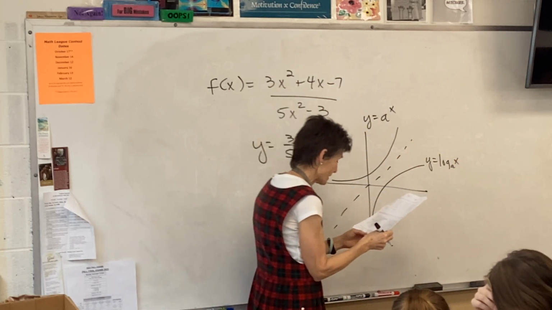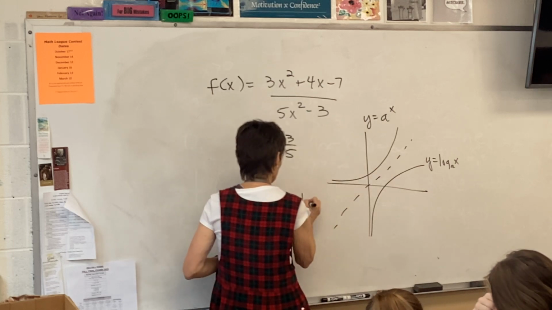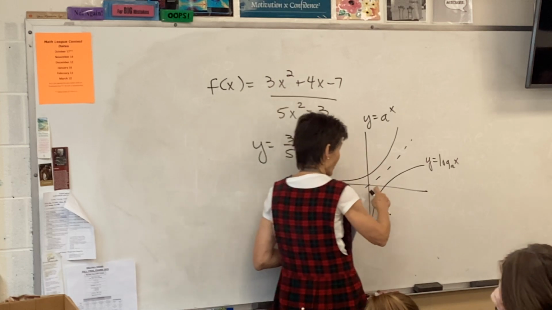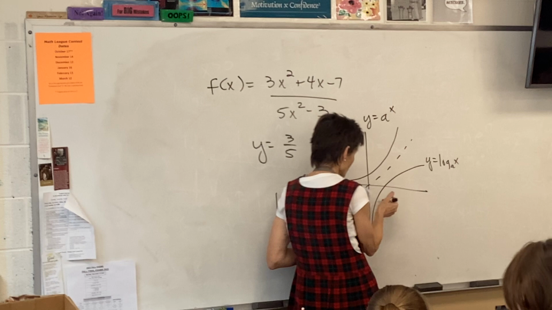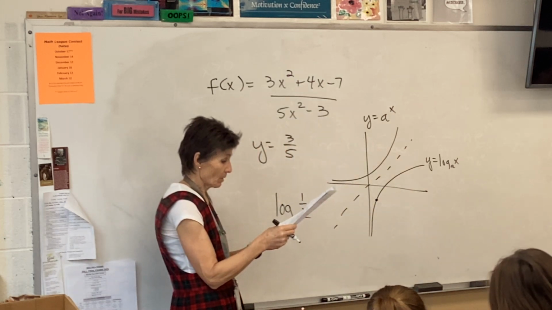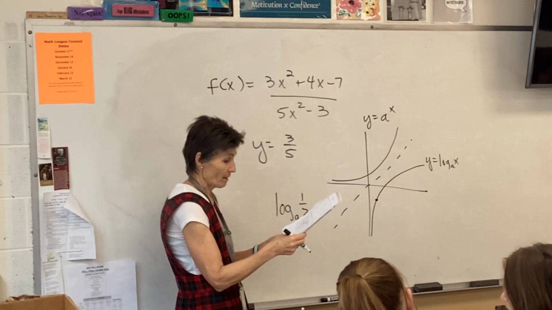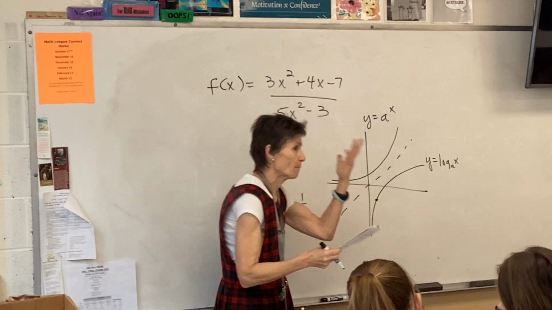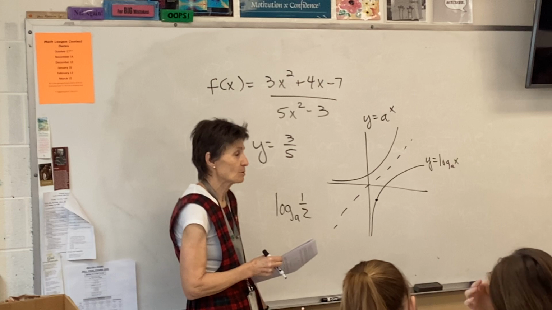So number 8 says, find log base a of 1/2, that means I'm over here where x is a half, right? And what's your y value? What's the value where x is a half? Well, on mine, it's approximately -2. But yours could be a little different depending on how careful you are. But yeah, that's what you're doing.